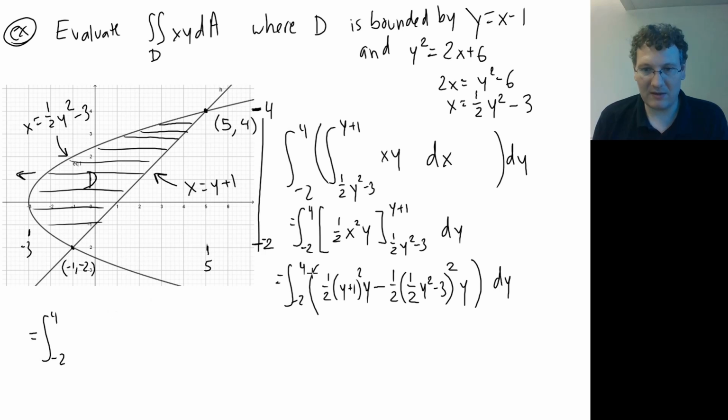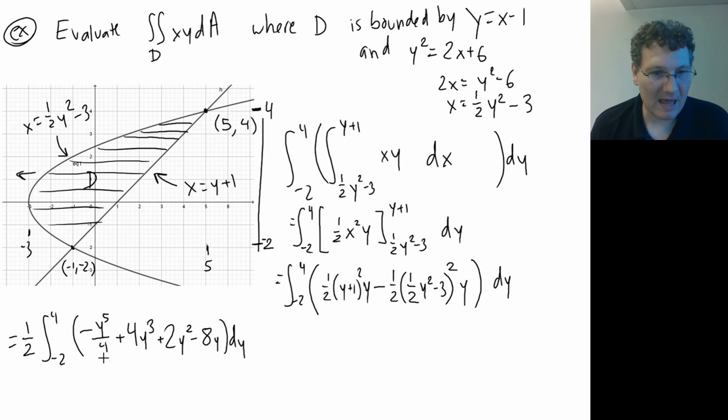This inner expression, when you clean it up, okay, so I factored out the 1/2, and so we've got this expression: -y to the 5th over 4, plus 4y to the 3rd, plus 2y squared minus 8y, dy. We can go ahead now and just evaluate this thing.